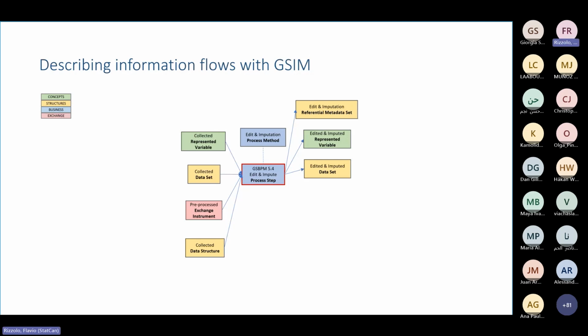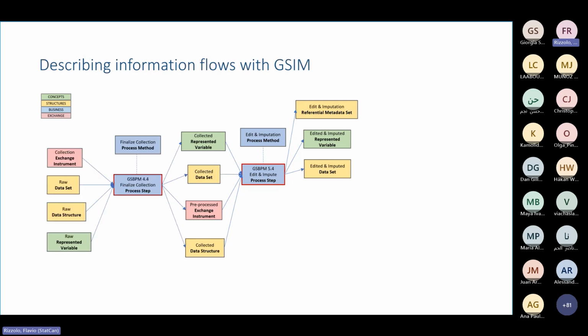So note that we don't need exchange instruments between all process steps. Here it is only important because the data is coming from a different area, let's say in the agency, and is consolidated in one place for usage downstream.